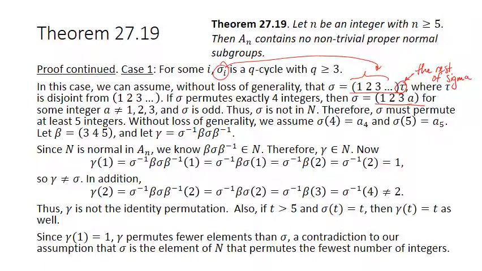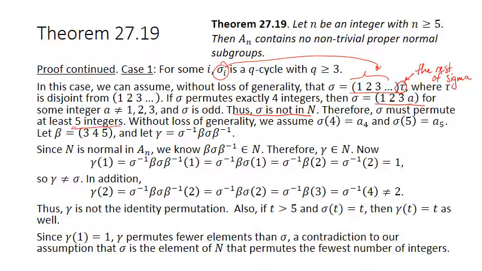So that would actually be odd. And there are no odd elements. There are no products of odd numbers of transpositions in the alternating group, okay? So sigma would not be in it. So what that means is we've just shown that it is not possible for sigma to permute exactly 4 integers. So it must permute at least 5 integers. So we're up to here.